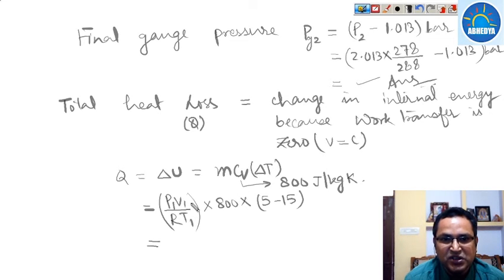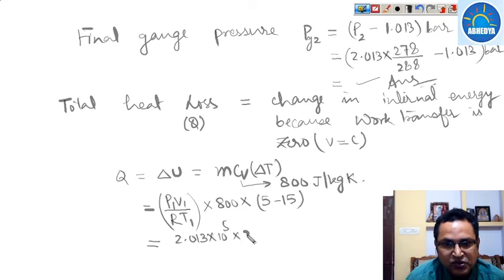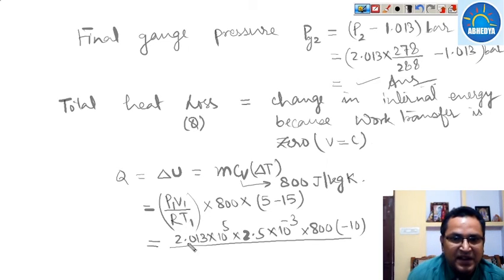Now put the values of P, V, R and T. What is the value of P? P is 2.013 into 10 raised to the power 5. What was V? The volume we have calculated is 2.5 into 10 raised to the power minus 3. So this is 2.5 into 10 raised to the power minus 3 into 800 into minus 10 divided by R. What is the value of the gas constant?